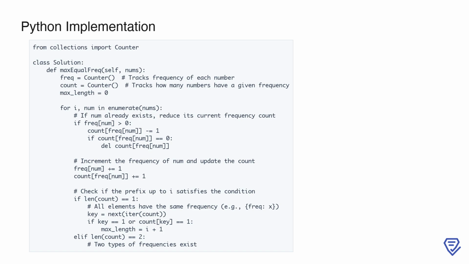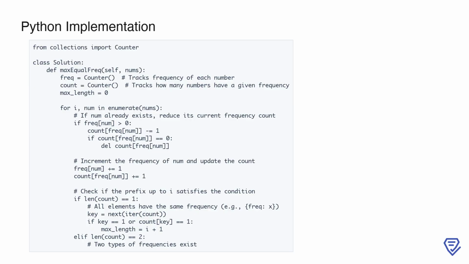With these updates, we then check if the prefix up to the current index meets our condition. If count has only one key, it means all numbers in the prefix share the same frequency. In this scenario, we check two cases: either the frequency is 1, or there's only one number with this frequency. If either is true, we update max_length to include the current prefix length.